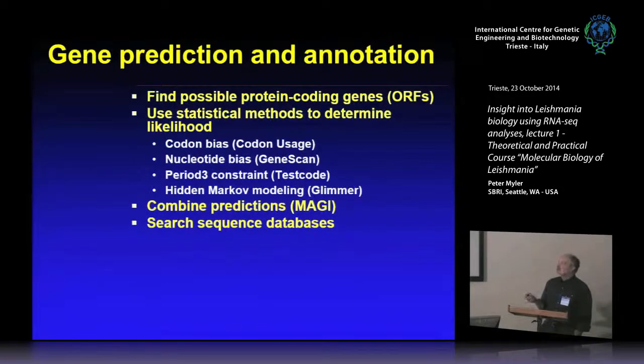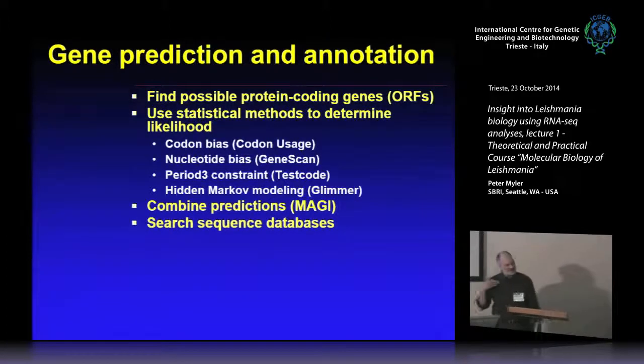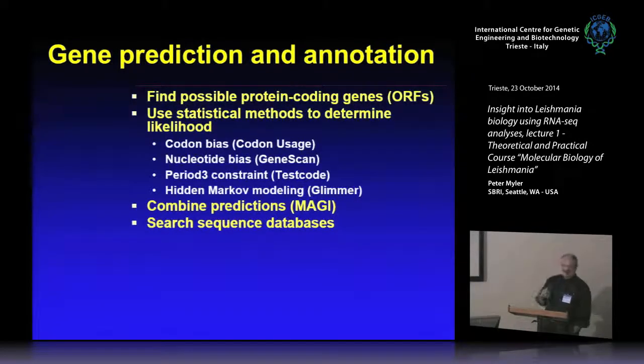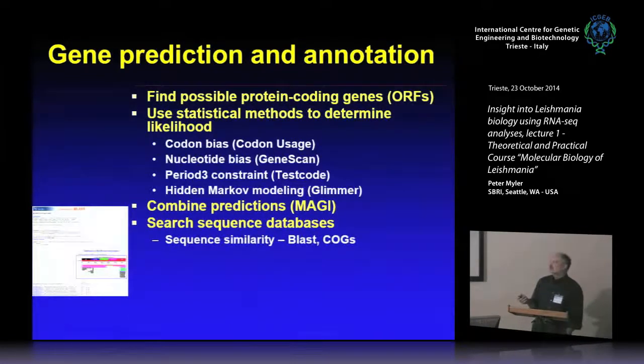Once you've identified what you think is a protein-coding gene, you then need to search the sequence databases to find something that looks like it, and then you can give it an annotation. If the protein looks like another protein that has a known function, then it's likely that yours has the same function. And so BLAST is really the tool of choice for this, although there are other methods that involve clustered ortholog groups.